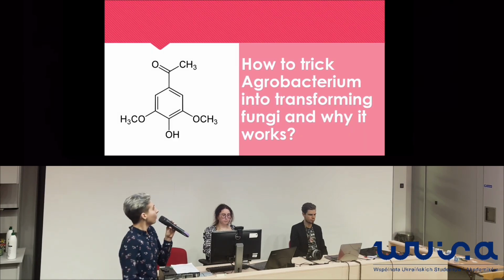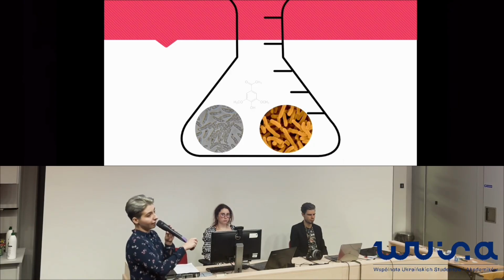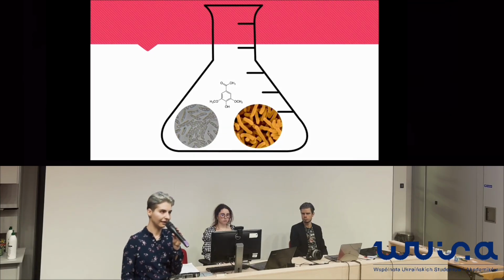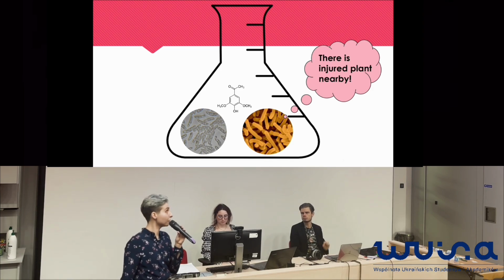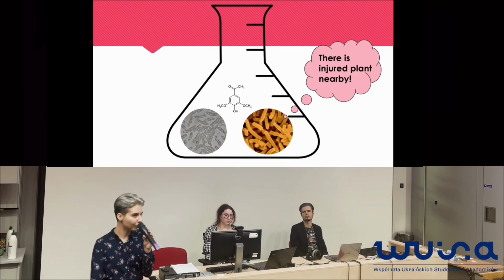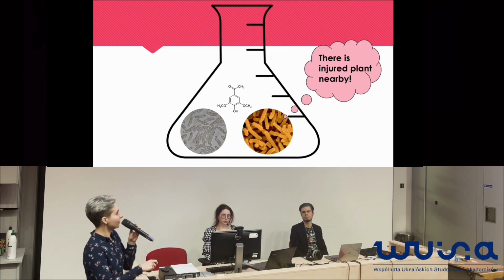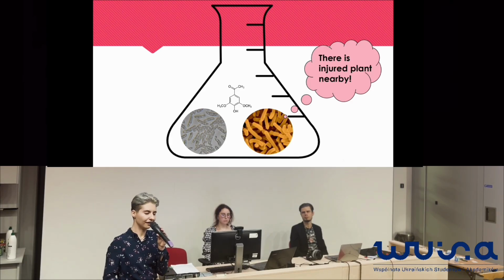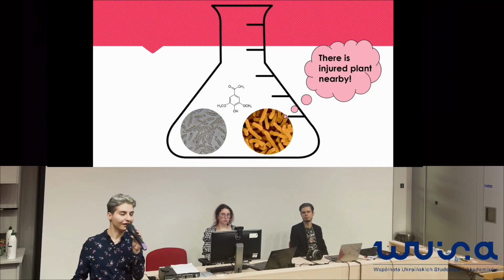When you have Agrobacterium and, for example, our fungi inside the flask, we add acetosyringone. And now Agrobacterium thinks, oh my god, there's an injured plant nearby. I can make a new home for myself. I need to make transformation happen. So we trick it into thinking that there is a plant nearby, and it attacks and it transforms the fungi. So now we get fluorescent fungi.